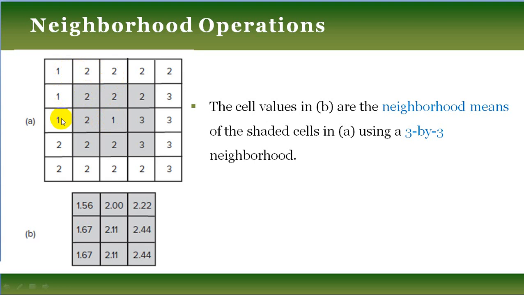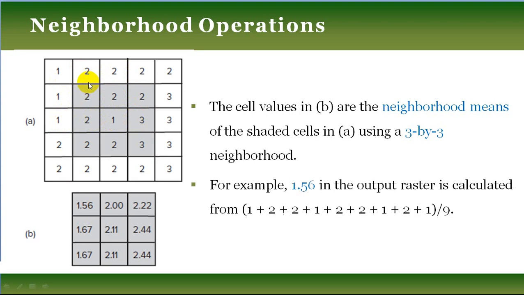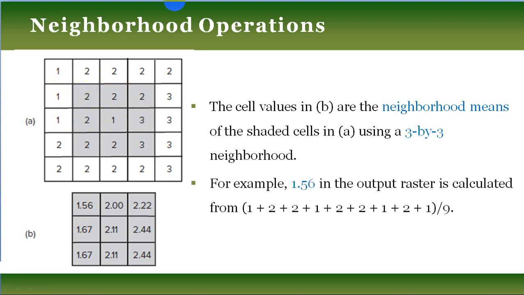So if you consider this the focal cell, then its neighborhood is a 3 by 3 window. If you consider this the focal cell, the neighborhood is this. So for this output raster pixel, the value calculated is 1.56.